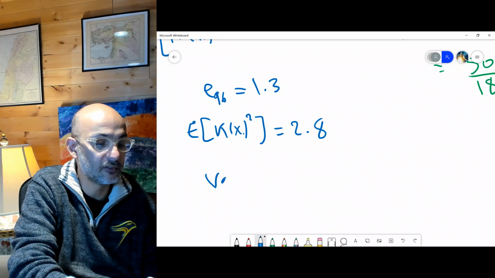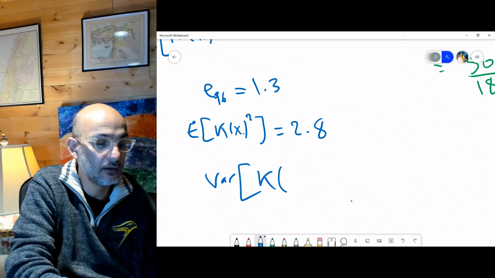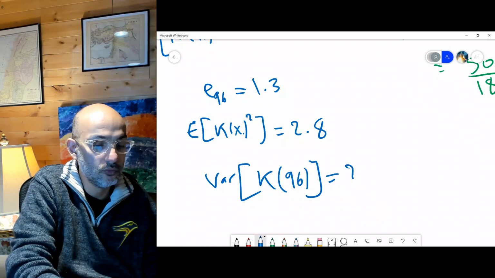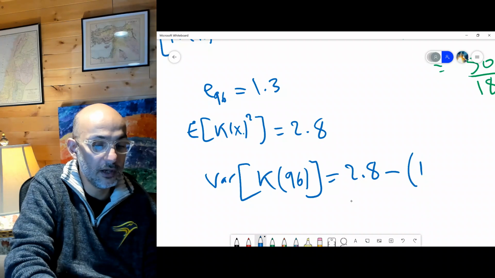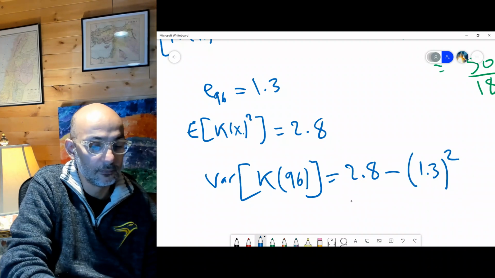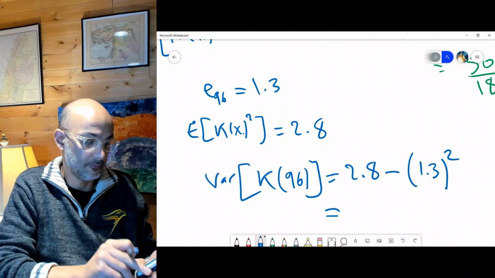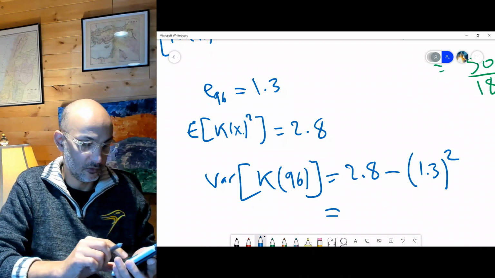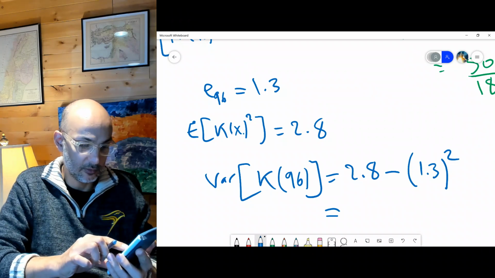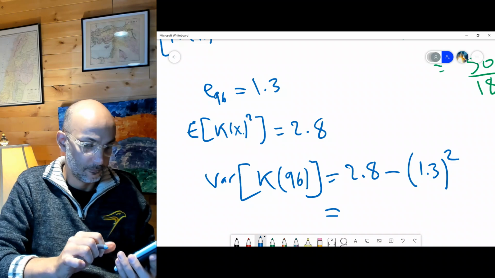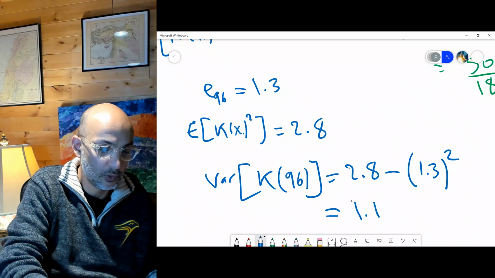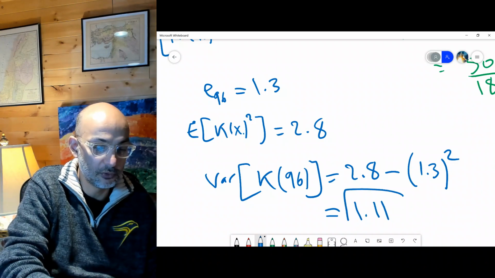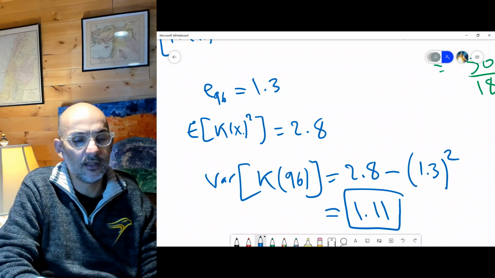The variance of K of the life 96 is 2.8 minus 1.3 squared. Let's take 1.3, raise it to 2, and 2.8 minus it, I got 1.11. So the variance is 1.11, right? It's easy.